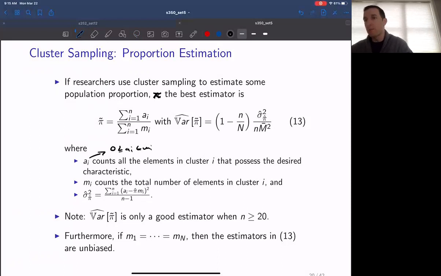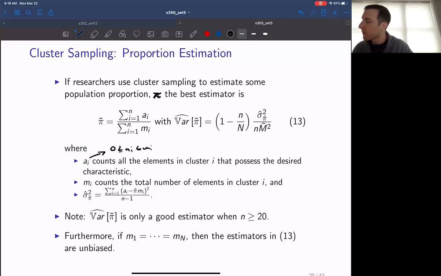So our proportion estimate is simply going to be the sum of all of the people that gave the answer corresponding to a 1 within each cluster across the clusters, divided by the total number of people across all of the sample clusters. And then the variance for our proportion estimator is going to be very similar to what we saw before.